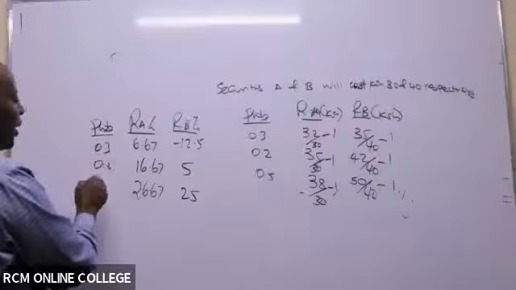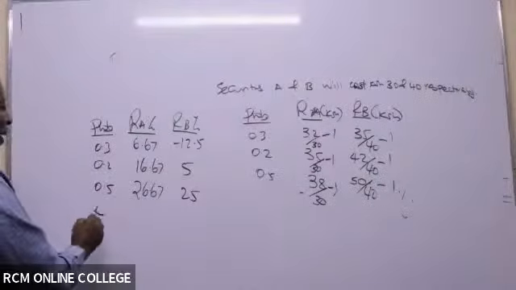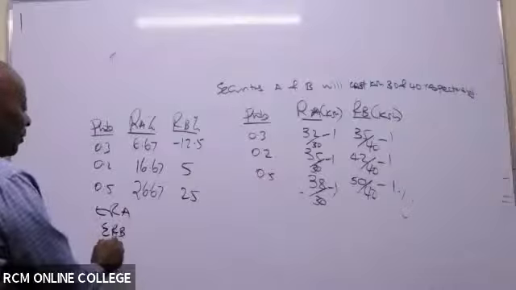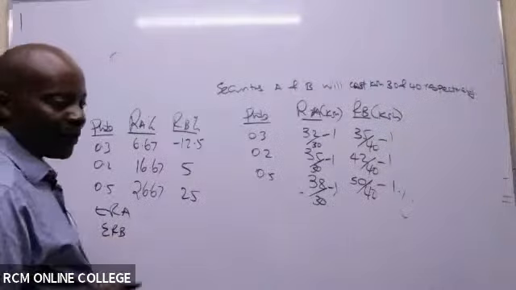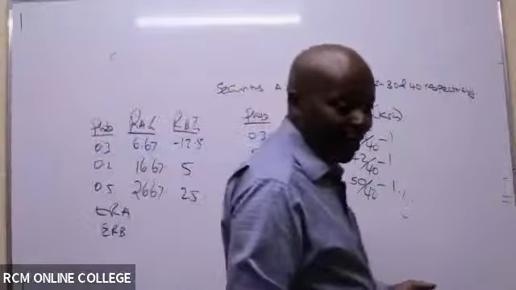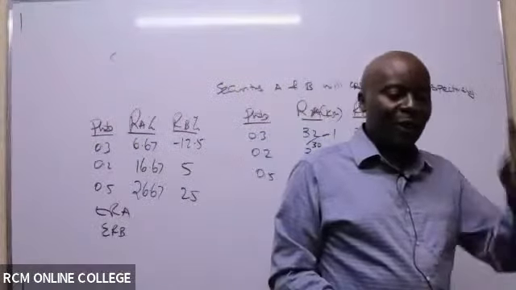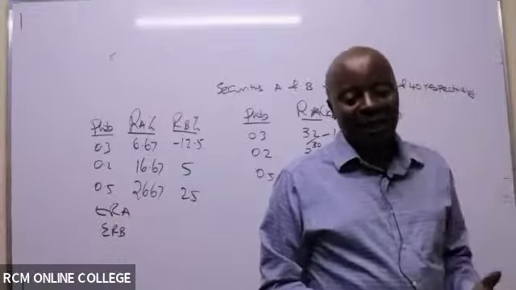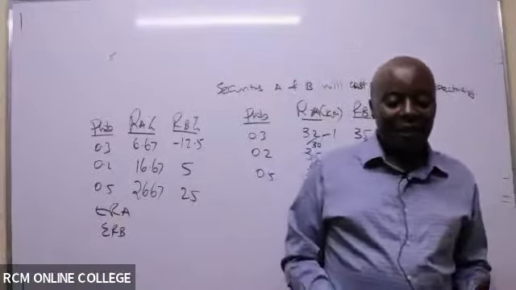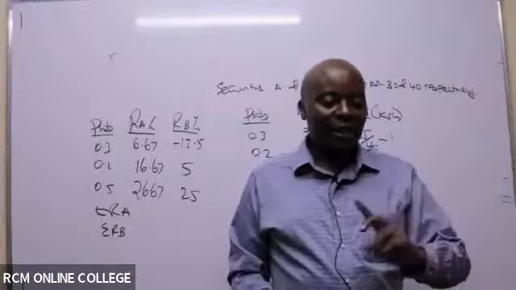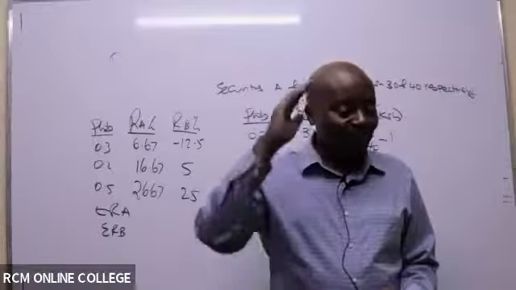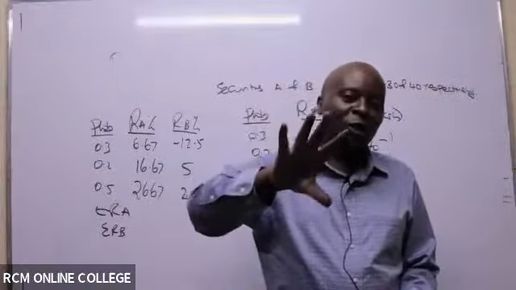Now ask me a question: from here, can you proceed to get expected returns for A and for B? But I'm making a very bad assumption, and please, if you are a very new student, don't mistake me.